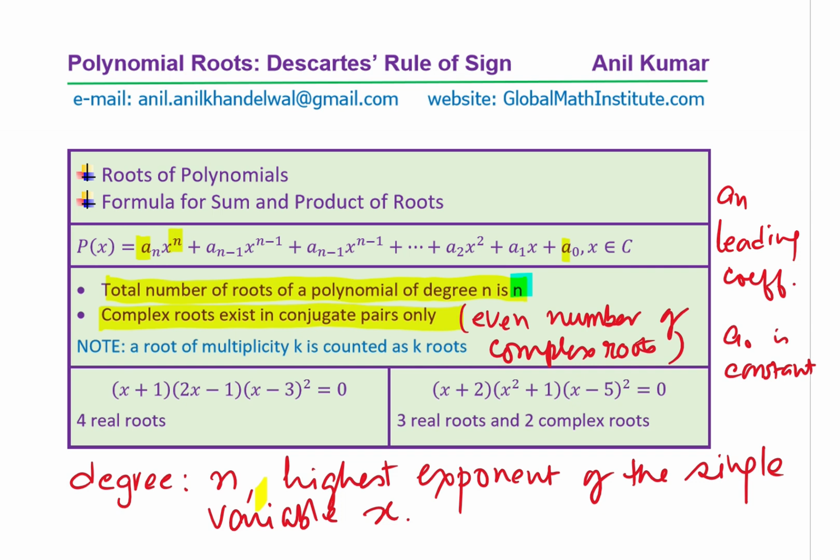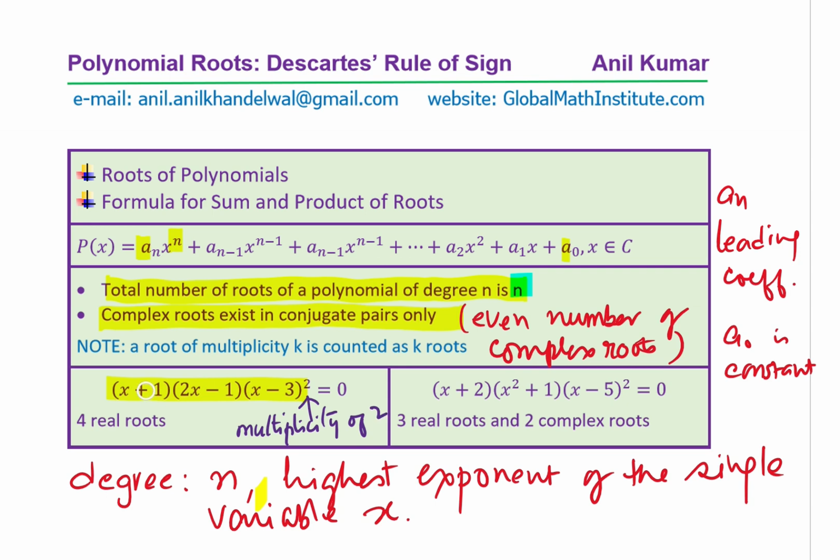To explain this further, here are examples. So if I have a factored form of a polynomial, (x plus 1) times (2x minus 1) times (x minus 3) whole squared equals 0, how many roots are there? Well, 1, 1, and 2. Add them up. This is multiplicity of 2. Do you see that? Or we say order of 2. So count this as 2, okay?